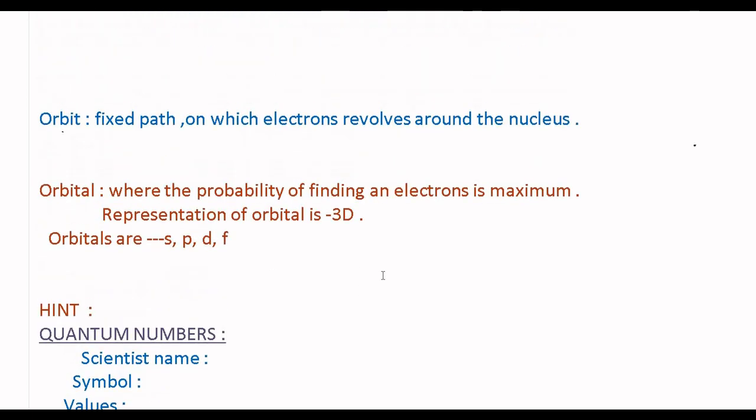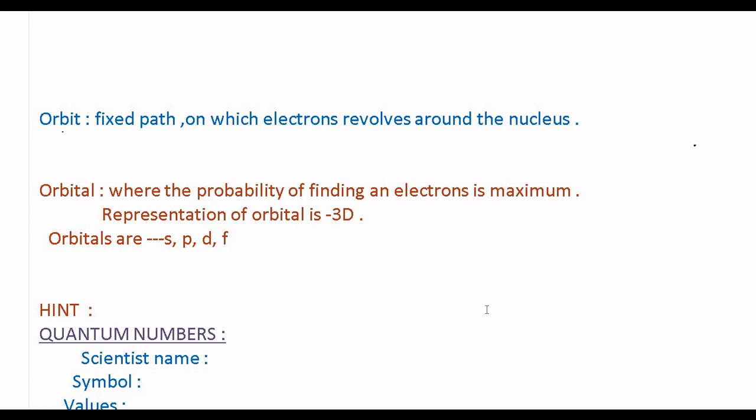Keep in mind the difference between what you are writing over there: which quantum number explains the orbit and which quantum number explains the orbital. The principal quantum number tells us about the orbit, and the orbital quantum number, that means the azimuthal quantum number L, tells us about the orbitals.